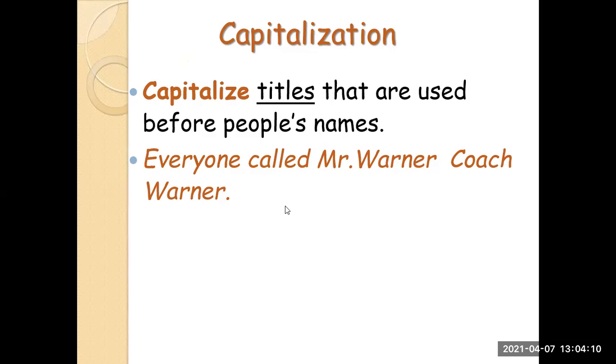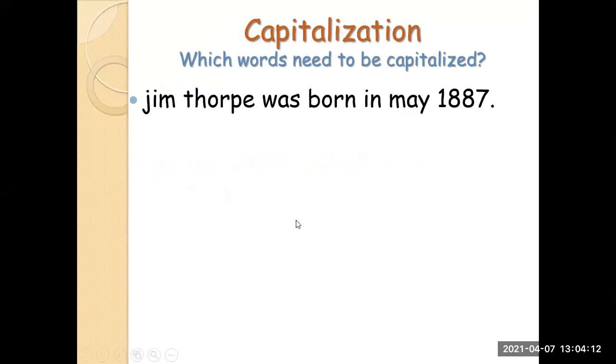Now we need to practice a little and think of which words need to be capitalized and which don't. You can pause the video for a few seconds and think. If I were a good student, I'd think like this. Jim, yes, this is a proper name, and it is the start of the sentence, so Jim needs to be capitalized. Thorpe needs to be capitalized.